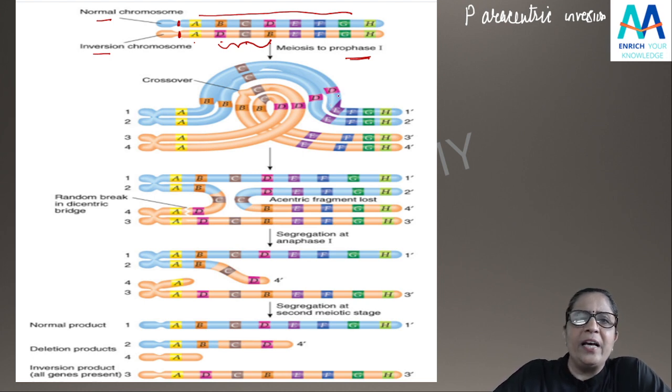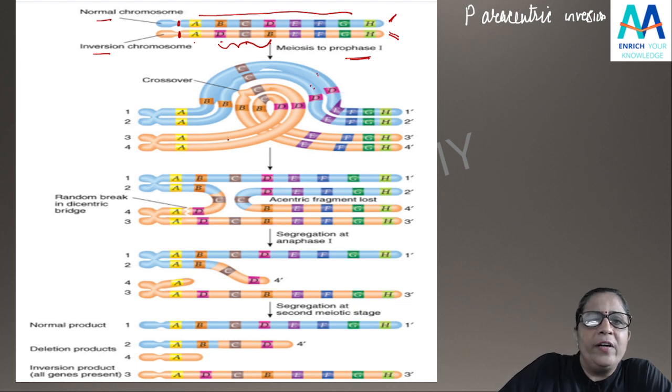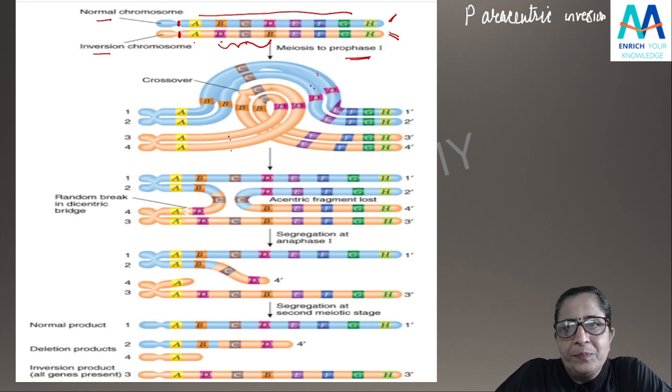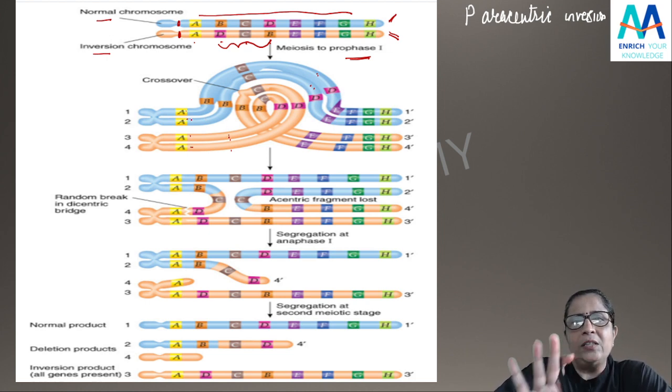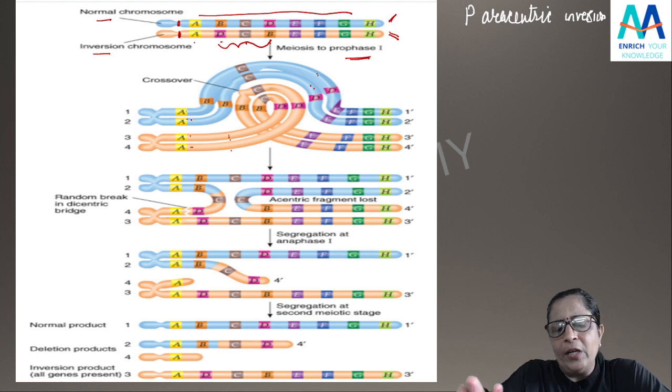For that, we know that there are 2 for this and 2 for this, right? There will be two pairs, so these are 2 of the normal and these are 2 of the inverted chromosome. No need to tell you why this 2 and 2 are there. We have all done this during cell division, and that's why I am saying it is during prophase 1.